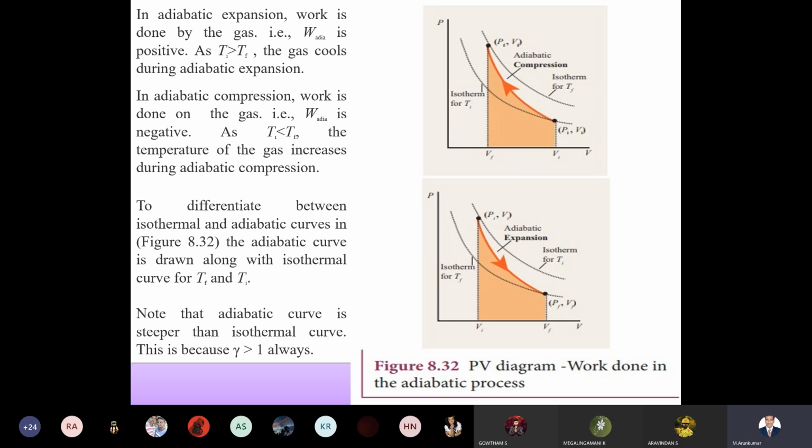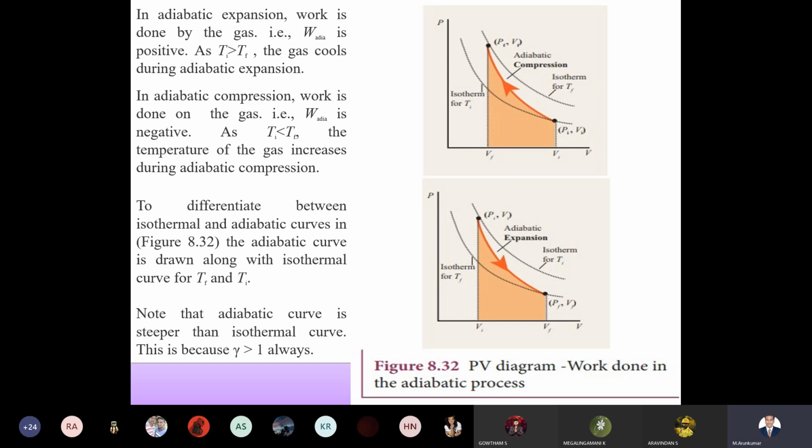For P final, V final, T final, there is a graph at another temperature, another isotherm. So for an adiabatic process, there will be a change in all three parameters. So just keep that in mind.